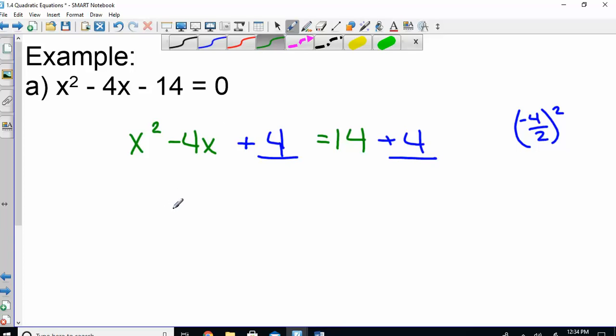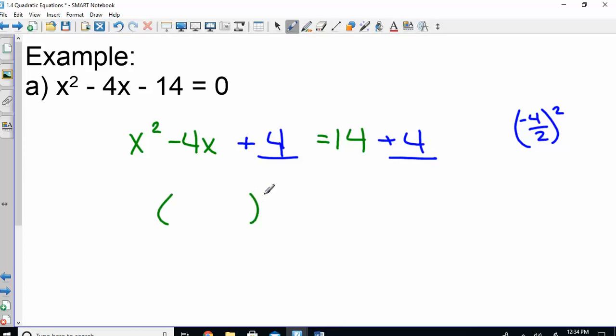We can do box method, but because it's a perfect square, it will always turn into something squared. Sometimes you might just be able to look at it and tell what two numbers multiply to 4 and add to negative 4. Bless you. Negative 2 and negative 2. So this factors into x minus 2 squared.